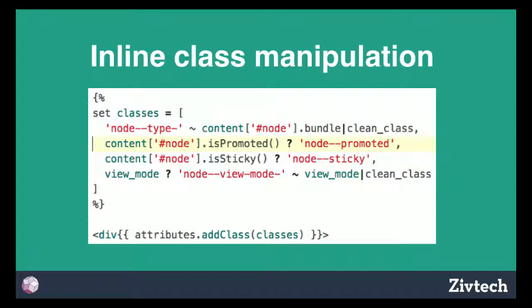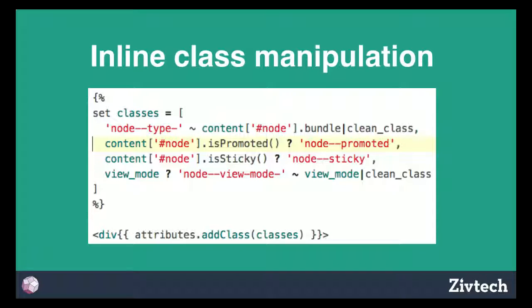So here we're setting the classes. We're setting one for node--type. The tilde is an append. Why Symfony didn't use the plus of JavaScript or the dot of PHP is a question for a fat pot, I guess.